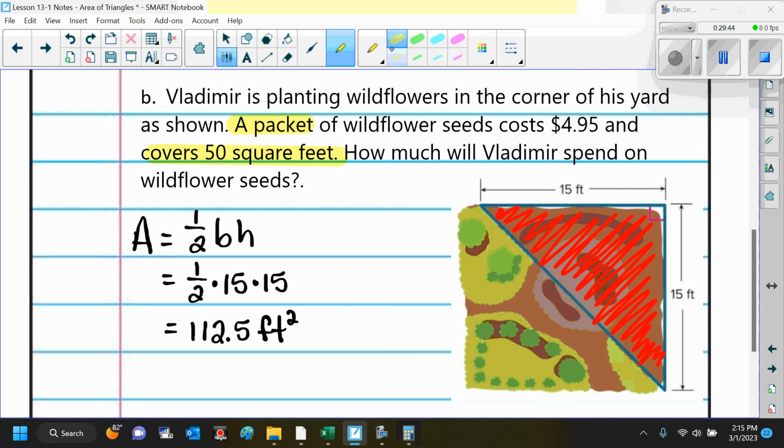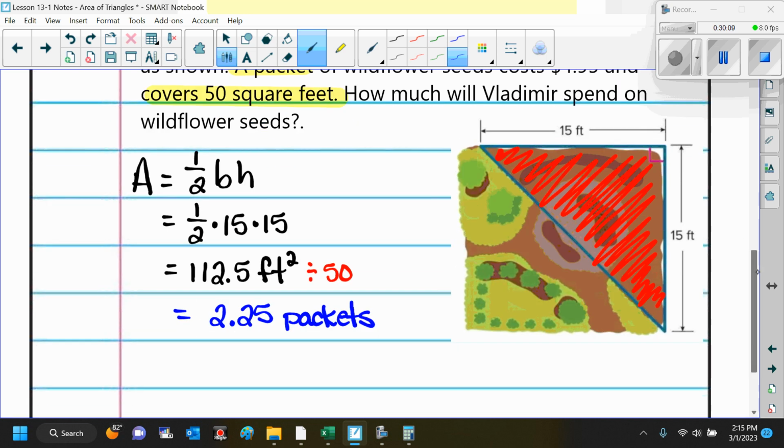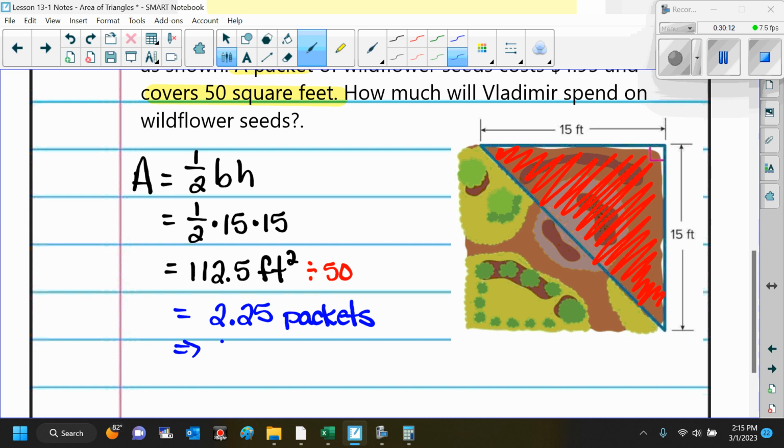What we did to get that is we divided by 50, because one packet covers 50 square feet, and that gave us 2.25 packets. So we have to buy 3 packets of seeds.